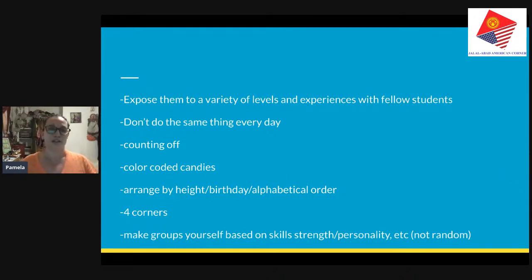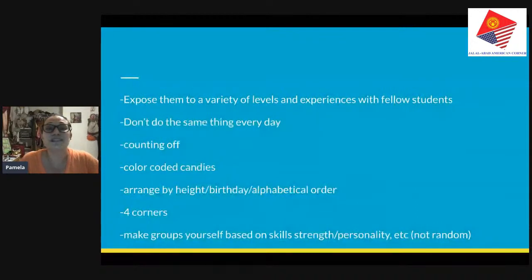So we want to really expose them to a lot of different voices, different cadences, different levels of the language, so that it's not filtered through communicating to one particular person. And you want to have them hear different voices and different rhythms of speech, so that another person is not going to sound very foreign to them.